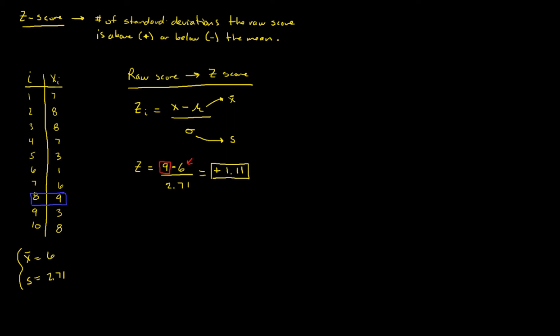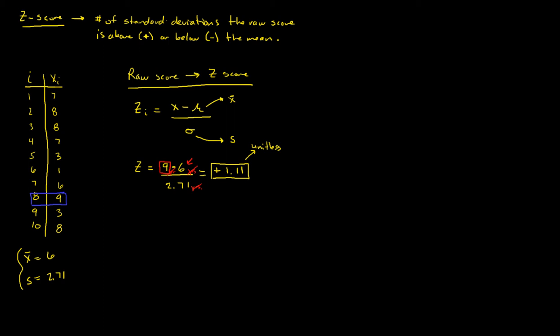I want you to keep in mind that in this equation, this would be 9 years minus 6 years, and the 2.71 standard deviation is in years. So what's going to happen is these units of years will cancel out, and the z-score in and of itself becomes unitless.